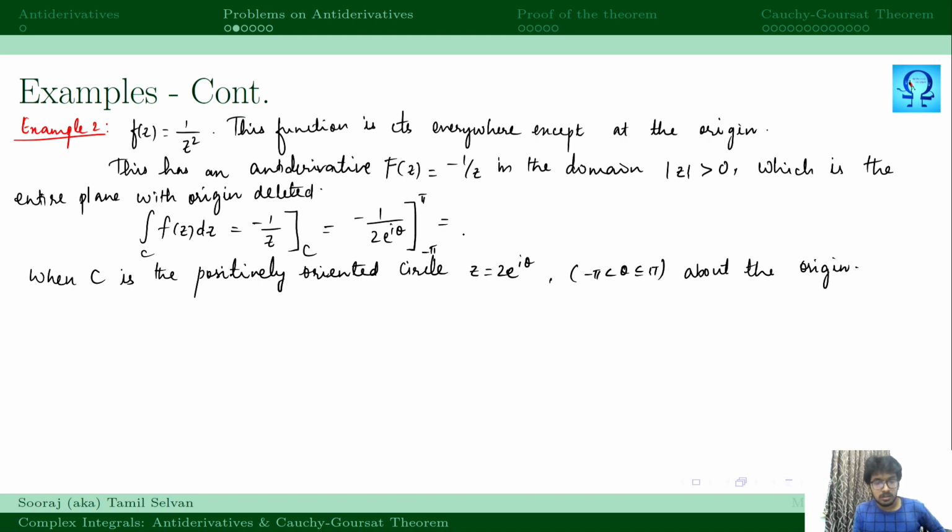Taking minus 1 upon 2 outside, e to the power minus iota times theta from minus pi to pi, you just do the calculation and see you are getting 0.